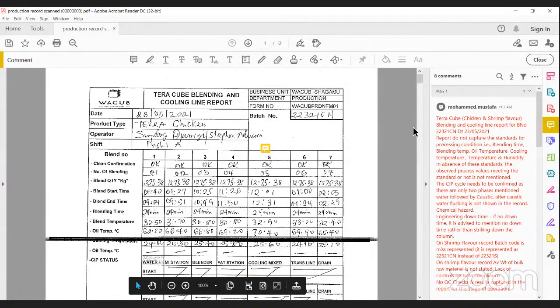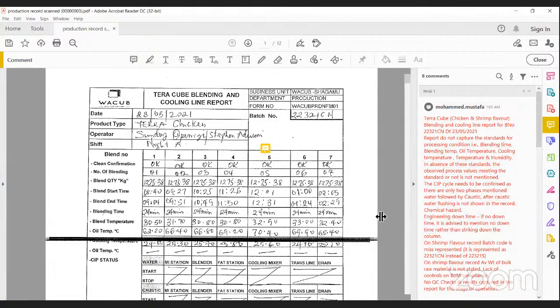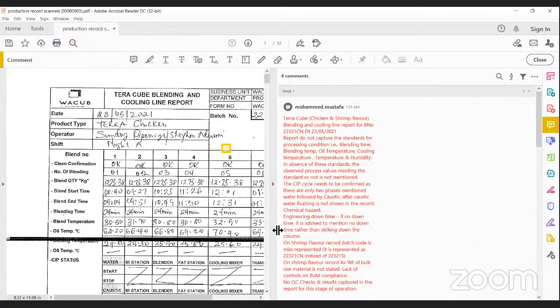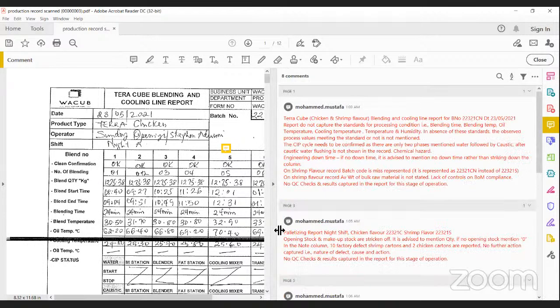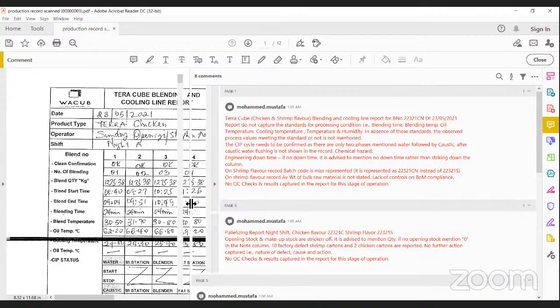Yeah, that's what I'm trying to do. You can drag it. Okay, that's good. So now you can explain and have a discussion forum on the recorded gaps.